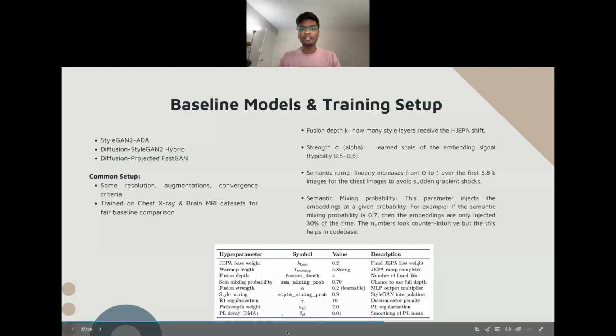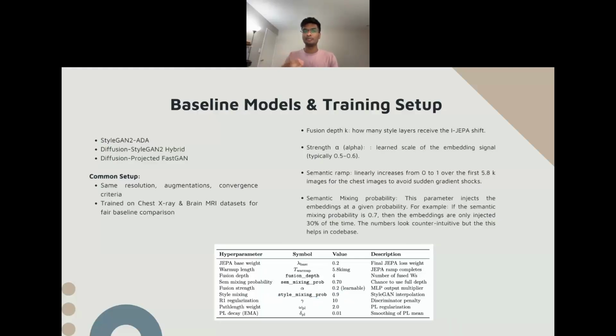And then we also have the semantic mixing probability. This idea is borrowed from StyleGAN itself, where they use style mixing. We use something similar, called semantic mixing probability.